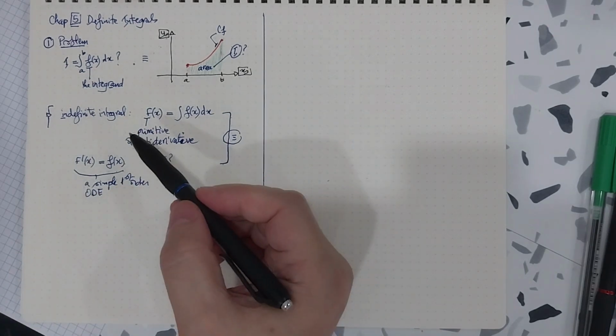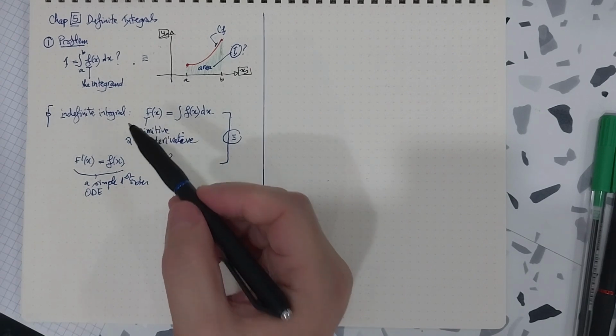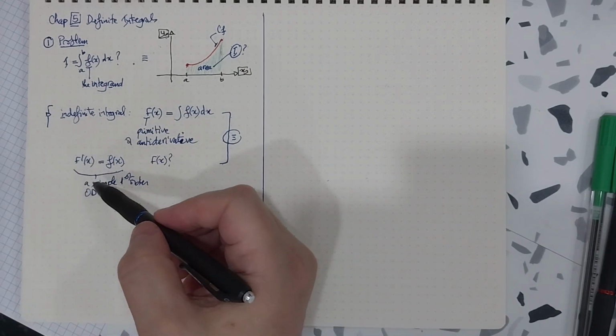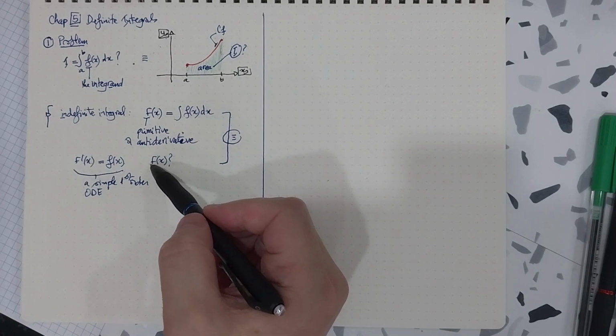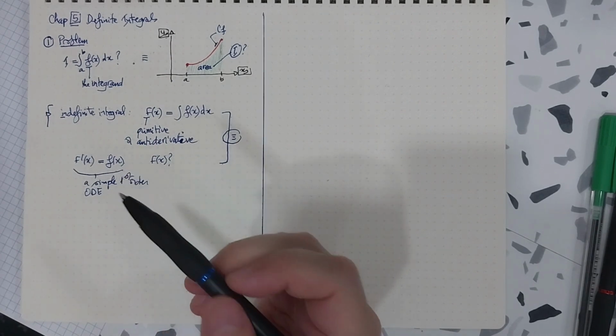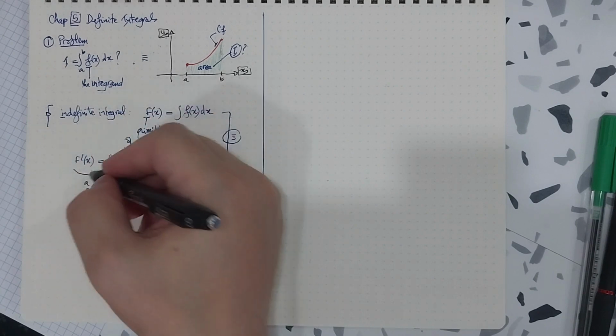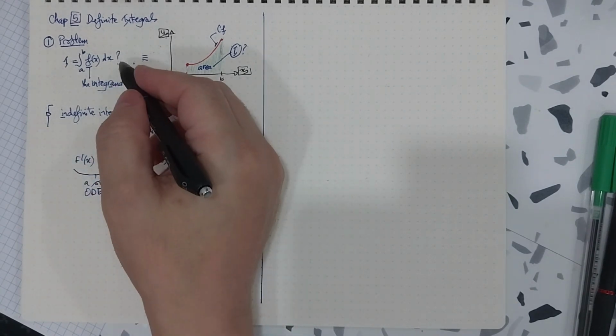So looking for the indefinite integral is equivalent to solving an ODE where the dependent variable is the integral, F. So the two are different. This is a function and this is a number.